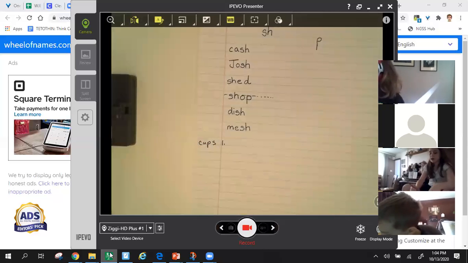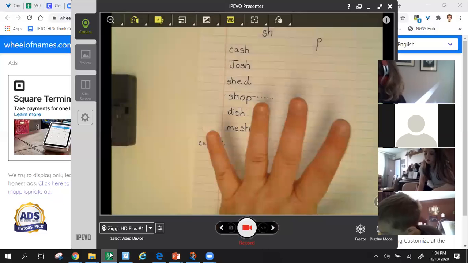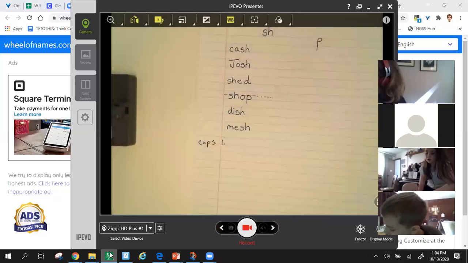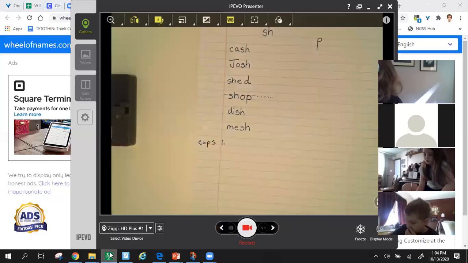The gash, sh, on the ship, is big, big. So gash being like a big crack, right? Or a big place where it hurts, right? The gash on the ship is big.